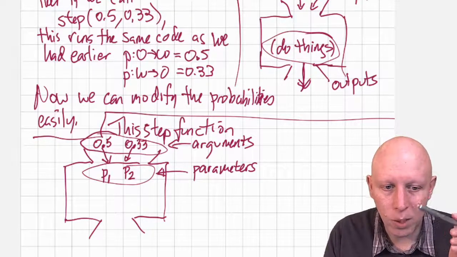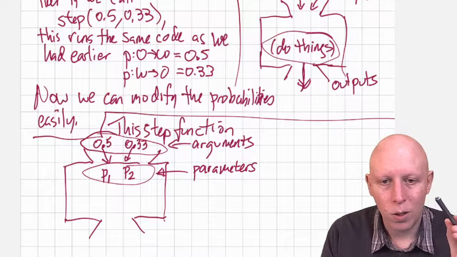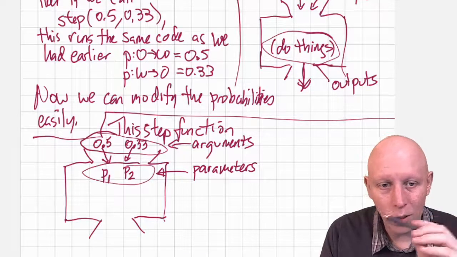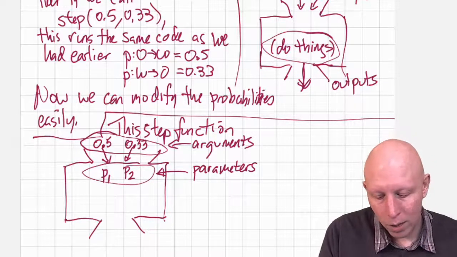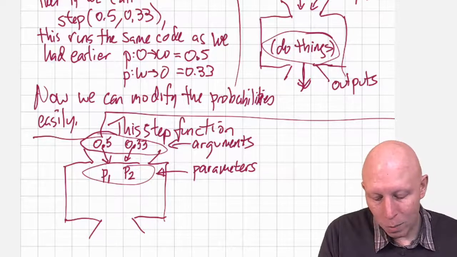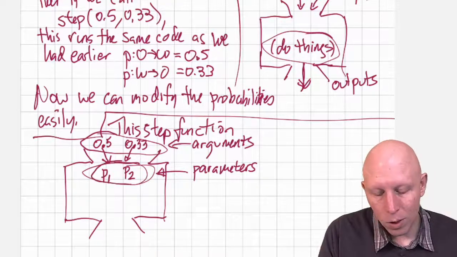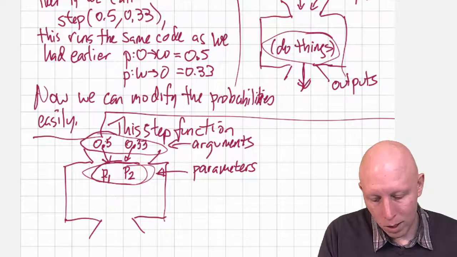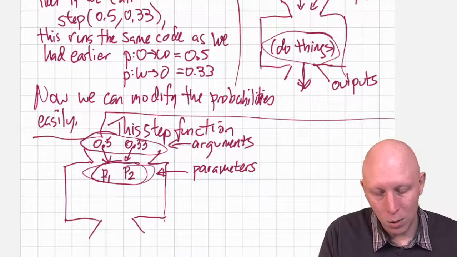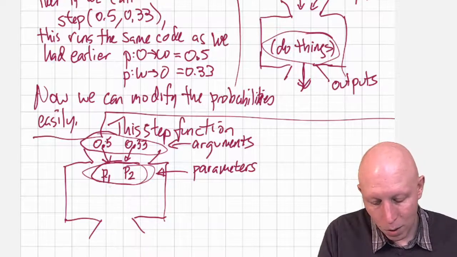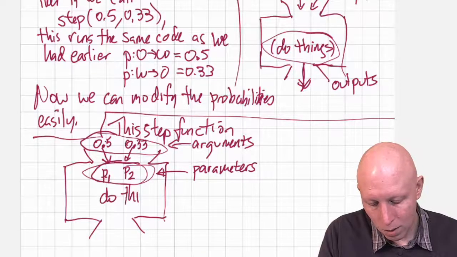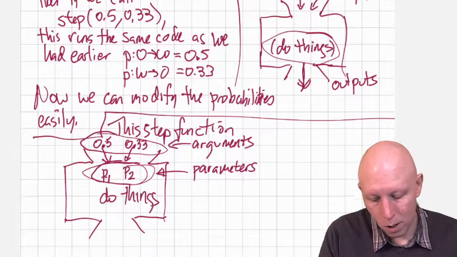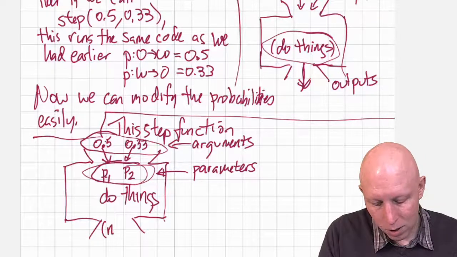When you call this function, you decide what values you want to put into the function, and they get put into the space of what the parameters are. So 0.5 gets put into P1, 0.33 gets put into P2, and then we do the things that are specified above, and in this case there's no output.